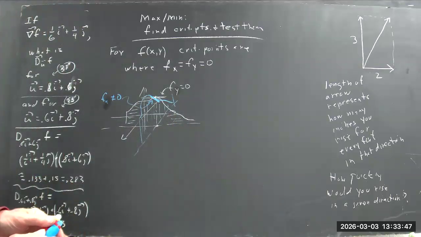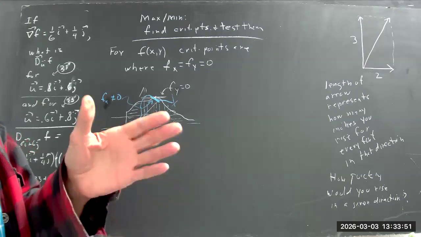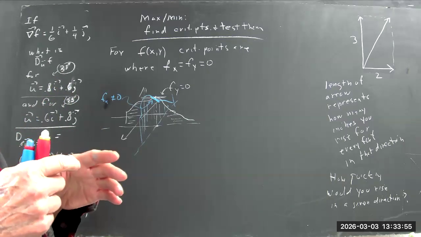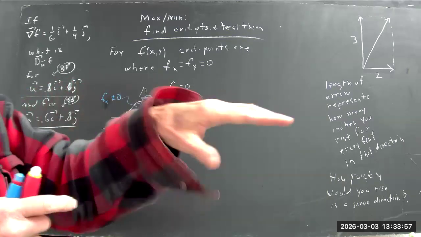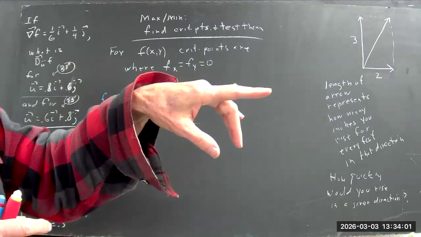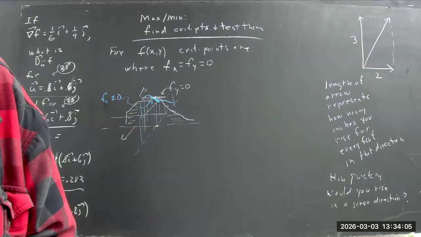Not a great picture, but it's possible that there are points where Fx is zero or Fy is zero, where it's horizontal. If you cut the graph in this direction, and Fx isn't, it's perfectly normal for that to happen.